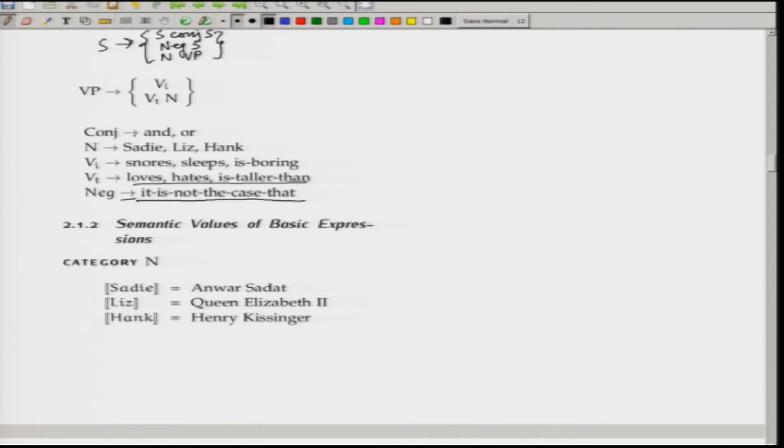Let us not confuse this goes to sign with the if then sign. They are different things, but we need to understand this contextually. I don't think there is any real confusion, just an apparent confusion. We need to be careful about this.